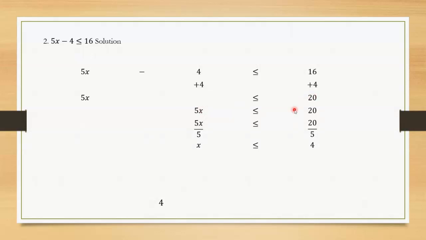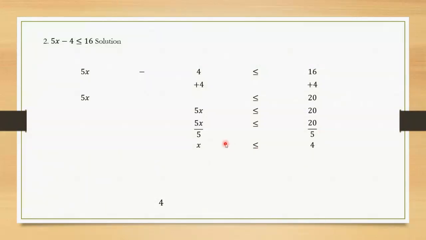Then we divide, as you can see. So we have 5x less than or equal to 20, and we divide by 5, and x is less than or equal to 4. Notice the inequality sign we leave alone, because we're dividing by a positive, excuse me.